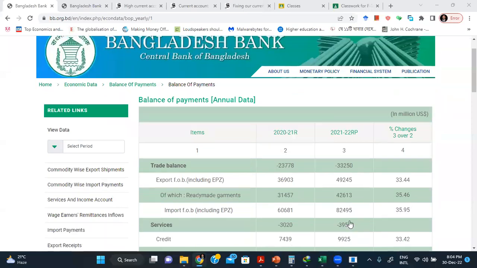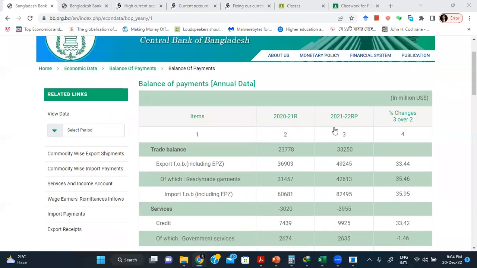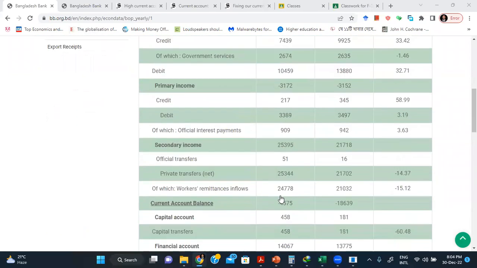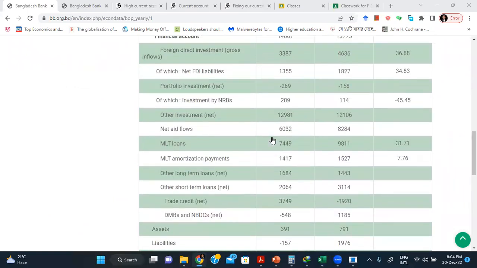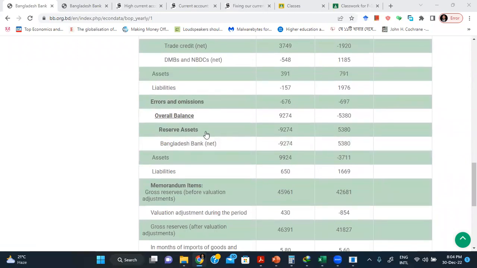Okay, let's see. Remember, the second column is the latest one, and the first column is the earlier one. This represents the reserve asset, I mean the overall balance.